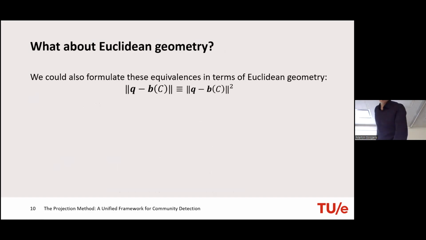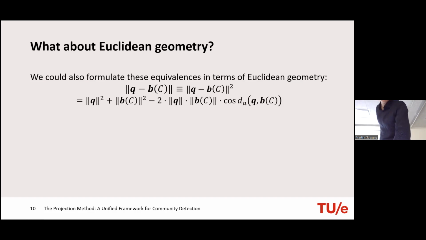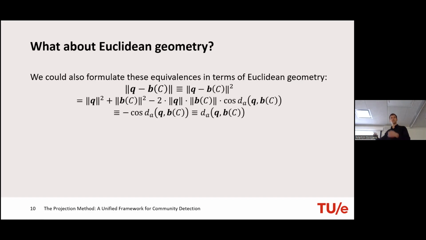Minimizing the Euclidean distance is equivalent to minimizing the squared Euclidean distance. And then we can rewrite it in this way. And then this q squared and the b_c squared do not depend on c because the length of b_c is constant. So what we're left with is just minus this cosine, and minimizing that is equivalent to minimizing the angle.